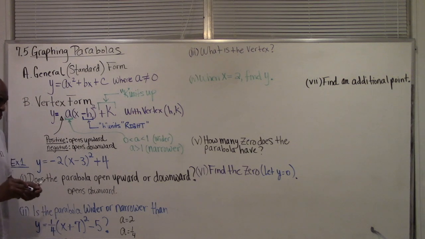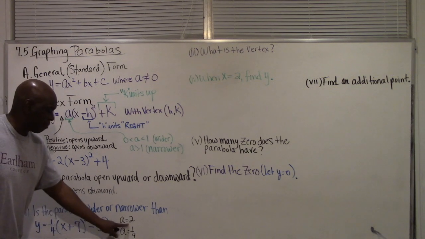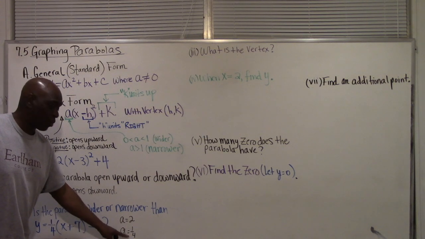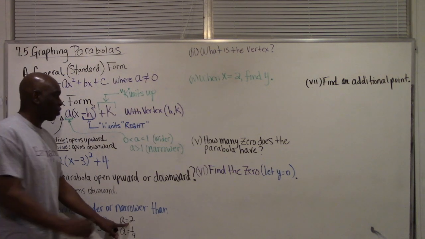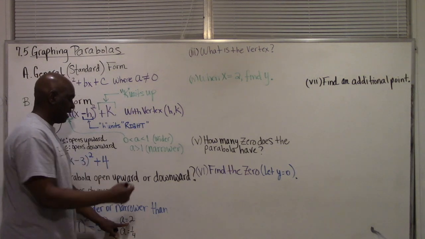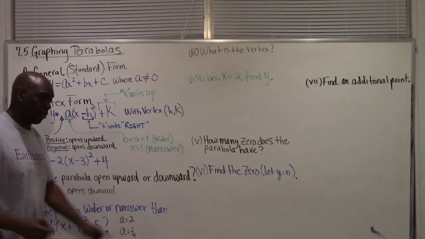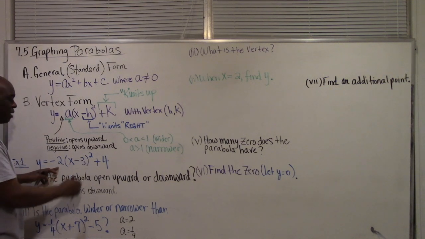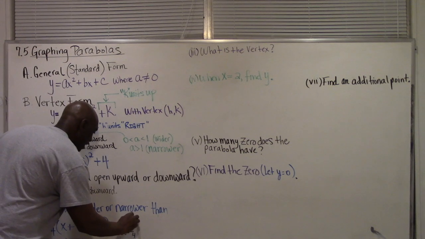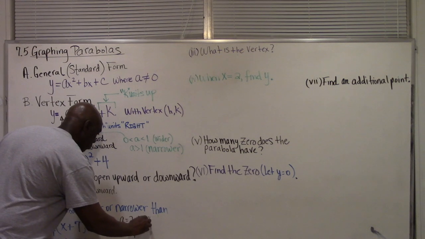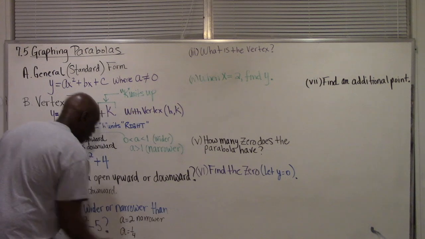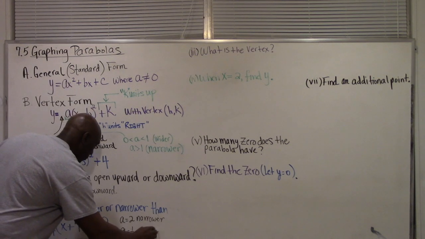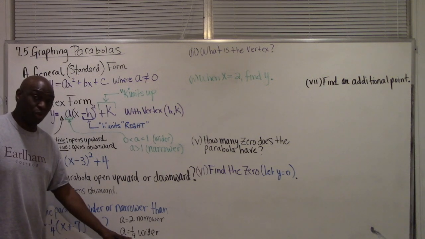Compare those two numbers. Is this number wider than this one, or is this number narrower? Remember, we said if this number is greater than 1, it is narrower. So that means that this parabola is going to be narrower, and this parabola is going to be wider, because that number is between 0 and 1.